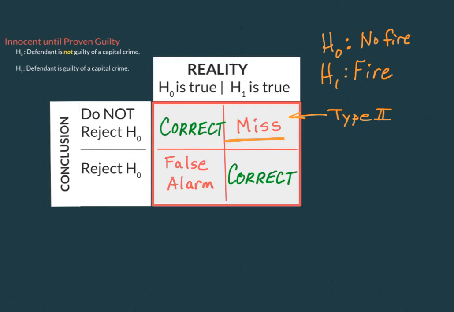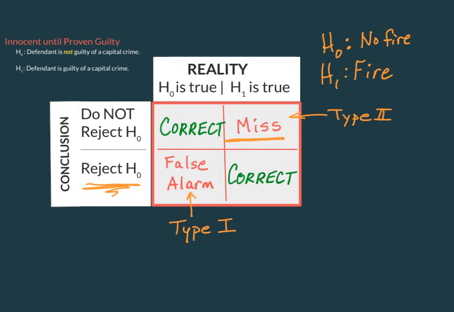On the other hand, if there is no fire, if the null hypothesis is true, and my smoke detector rejects the null hypothesis and says, oh no, there is a fire, I have a false alarm. A type 1 is a false alarm. Now in this case, which would you rather have?